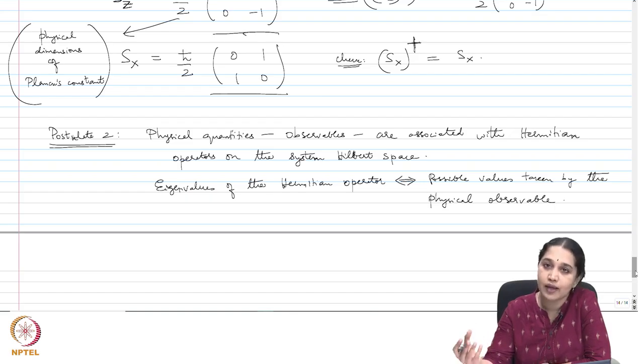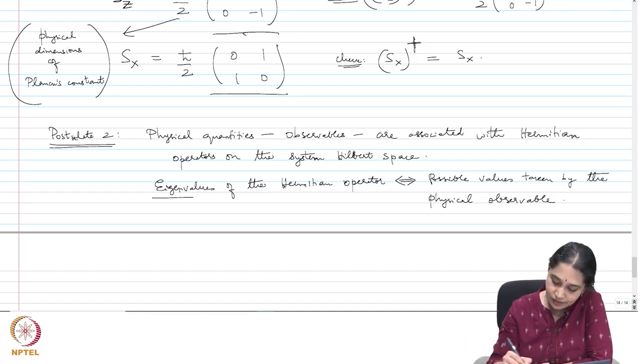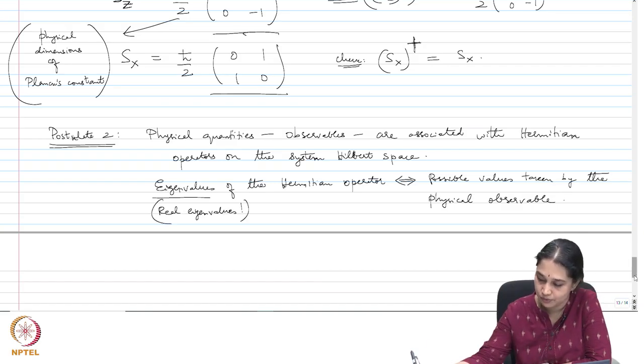So now we see why physical quantities must be associated with Hermitian operators, because it is Hermitian operators that have real eigenvalues. Since the eigenvalues represent the physical values of some observable, we need observables to be associated with Hermitian operators. So recall that Hermitian operators have real eigenvalues, and so this association makes sense: physical quantities will take on one of these possible values.